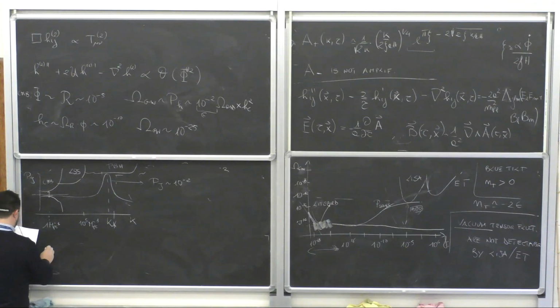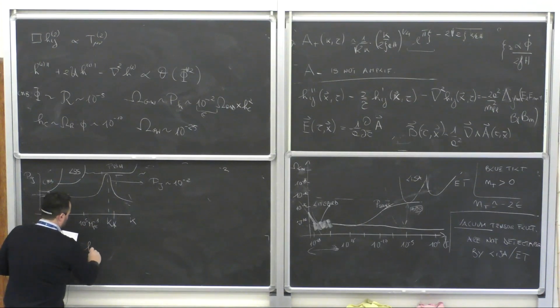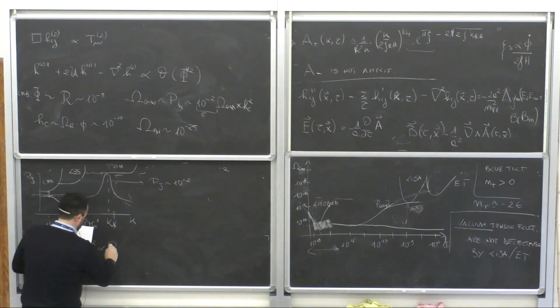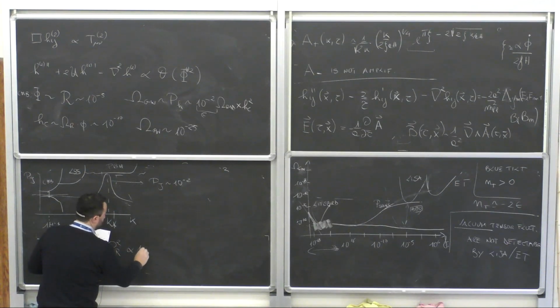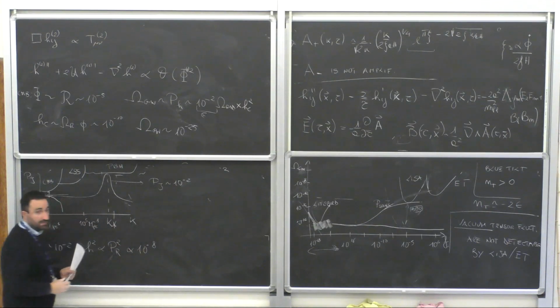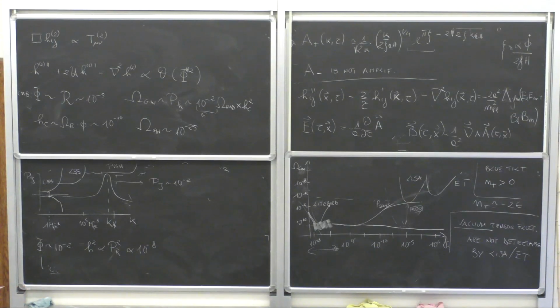So you assume that the power spectrum is of order 10 to minus 2, right? h squared will go as P_R squared. R is the curvature perturbation. Means that this is 10 to minus 8, right? Rough calculation.